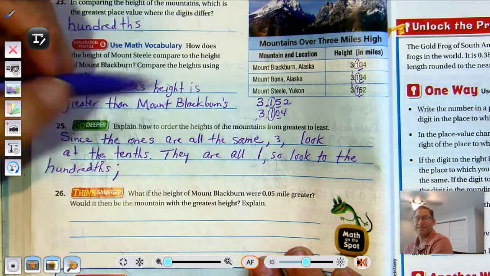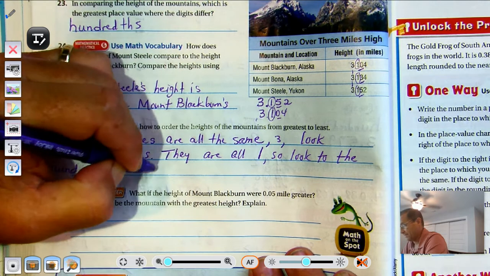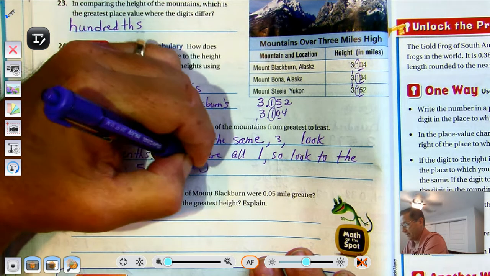Okay, we want greatest to least. So 5 is greater than 3, which is greater than 0.